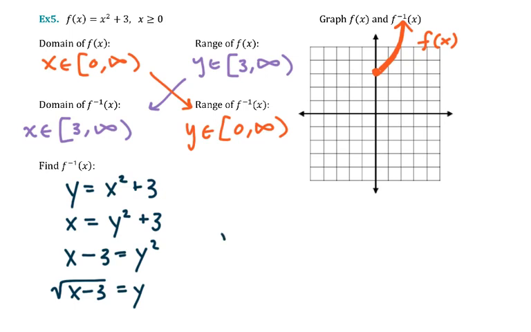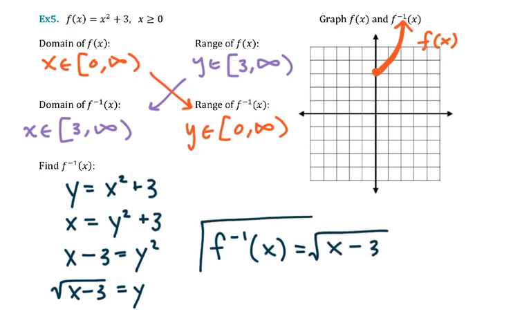So my inverse function, f inverse of x, is the square root of x minus 3. And so the graph of a square root function looks like the top half of a sideways parabola, but this minus 3, thinking about transformations, tells us it's shifted to the right 3 units.